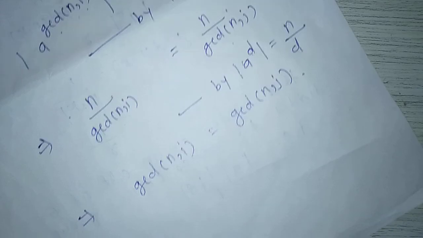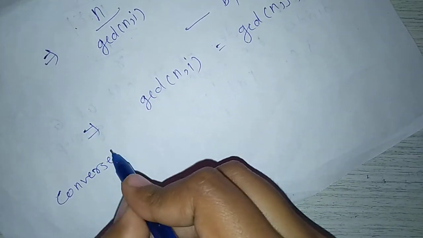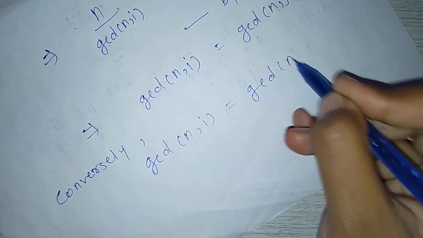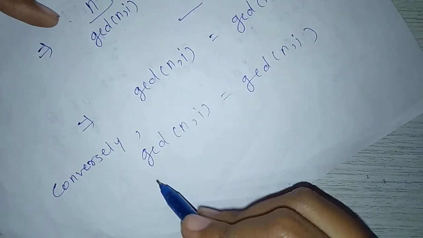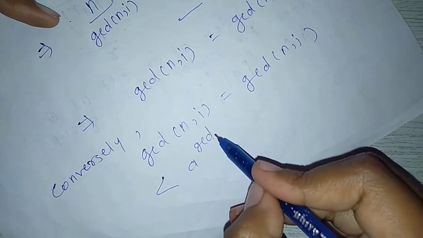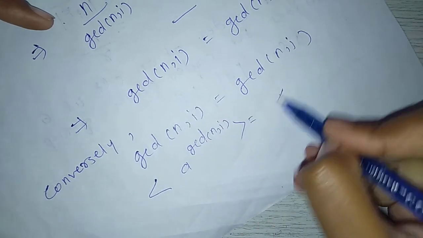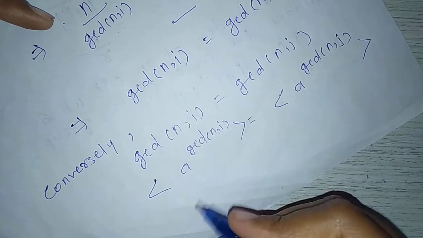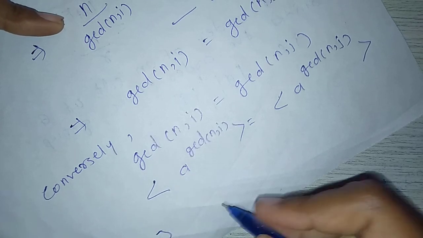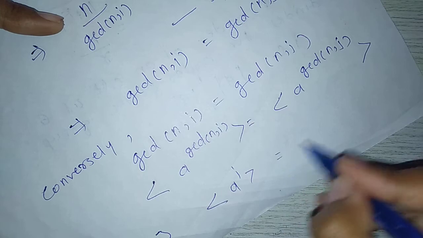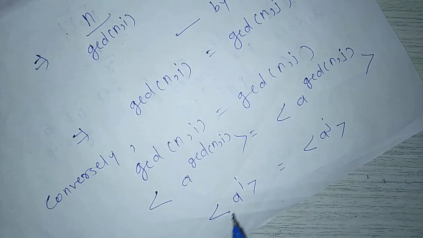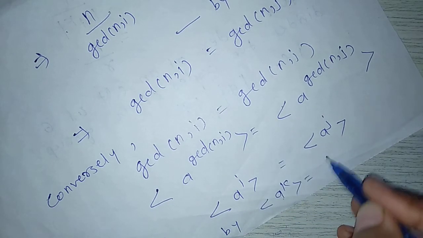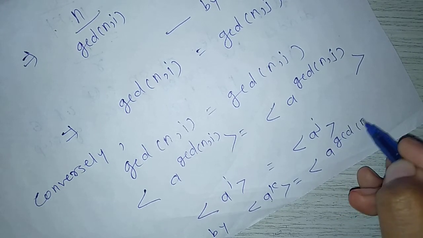Conversely, GCD of ni equal to GCD of nj means the set generated by a raised to GCD of ni equals the set generated by a raised to GCD of nj, which is equal to the set generated by a raised to i equals the set generated by a raised to j, by the set generated by a raised to k equals the set generated by a raised to GCD of nk.